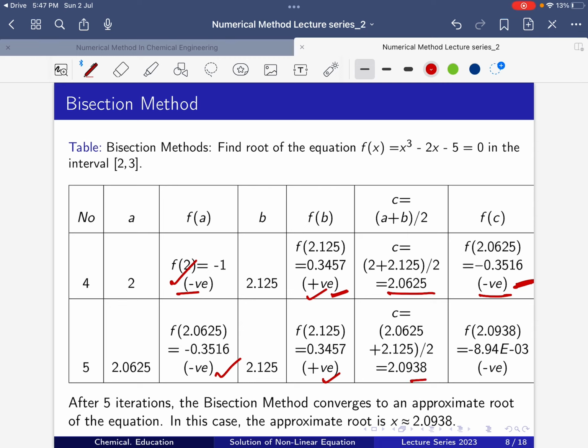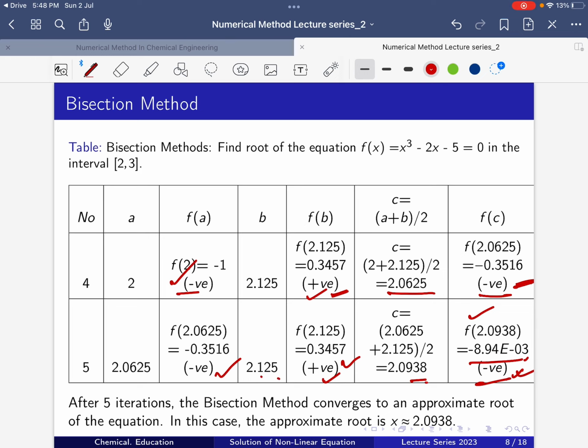Now if I calculate the function value at 2.0938, that gives negative, 8.94 e to the power minus 3, so it is nearly equal to 0. Or we can go for a few more steps. So this is negative and this is positive. So next step, the root lies between 2.125 and 2.0938.